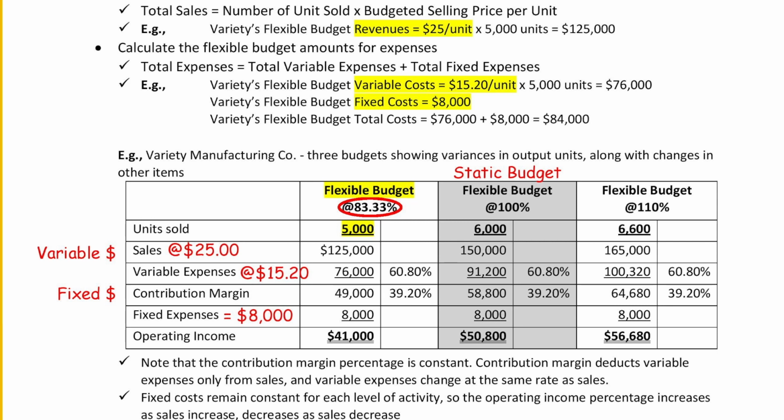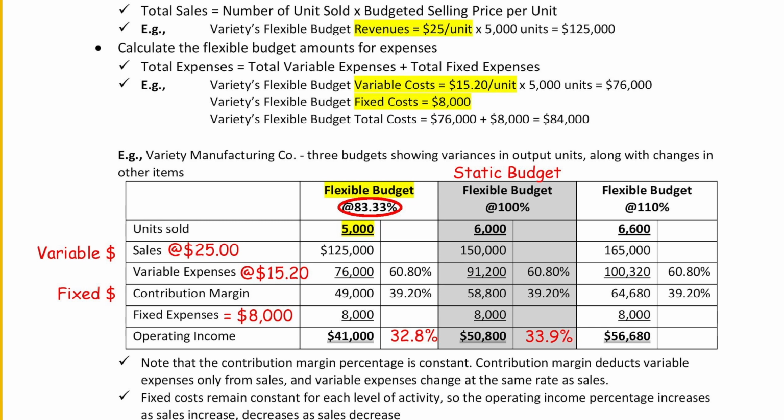And this gets us to operating income of $41,000, which is 32.8% of sales. Versus on the static budget, we had operating income of $50,800 on sales of $150,000, which is 33.9% of sales.